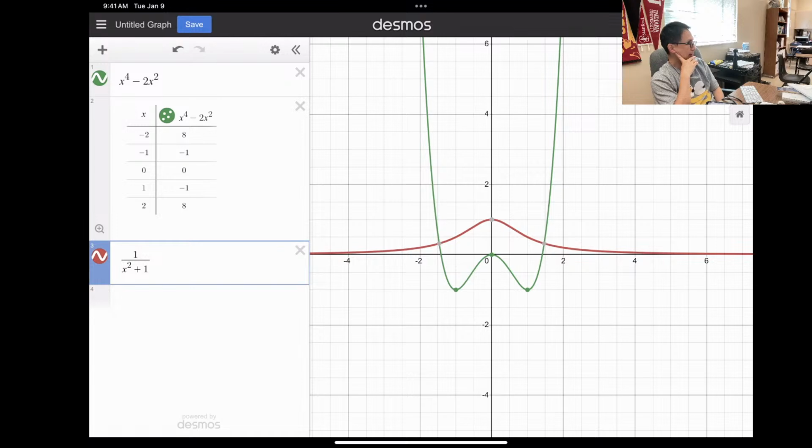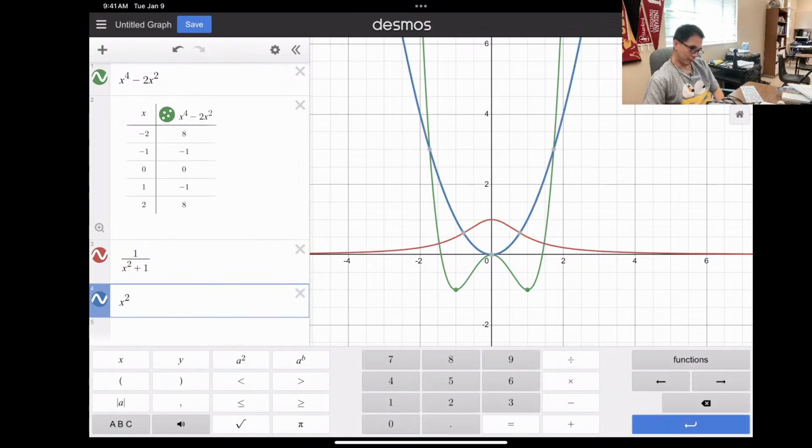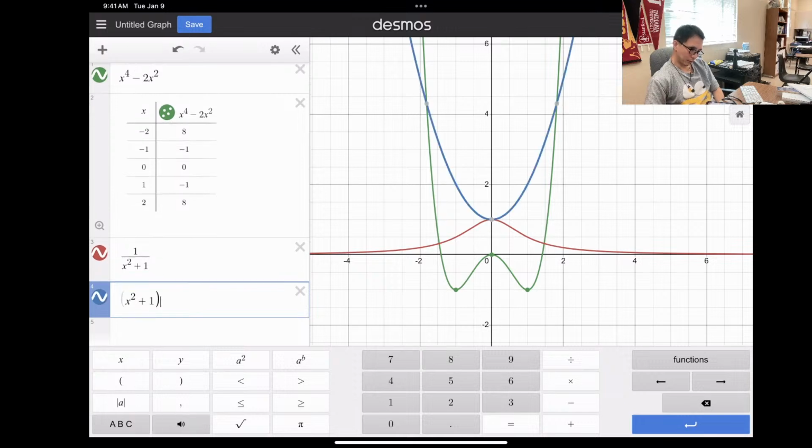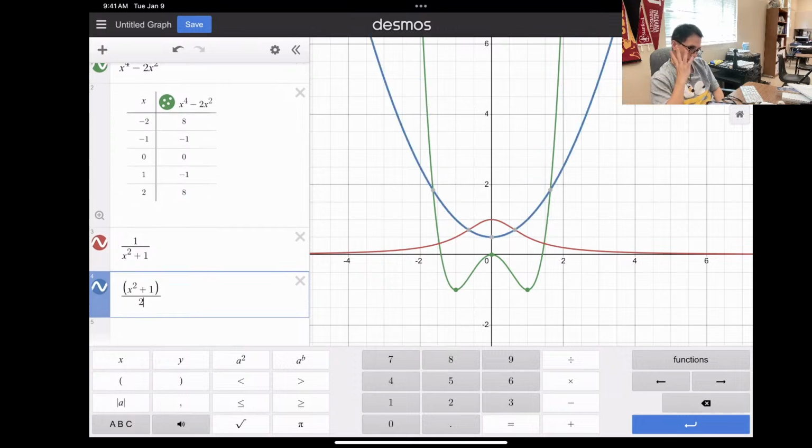What if it was x squared plus 1 over 2? Yeah, that one should be fine. It's actually the perfect thing to test. If the bottom has x and you're not able to solve it, for example, x squared plus 1 equal to 0, you're not able to solve that, because you move the 1 to the other side and it's x squared equal to -1.